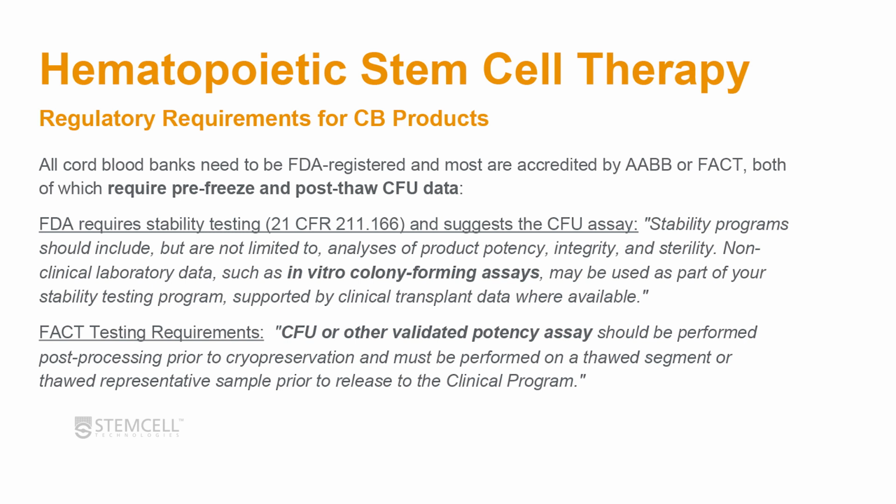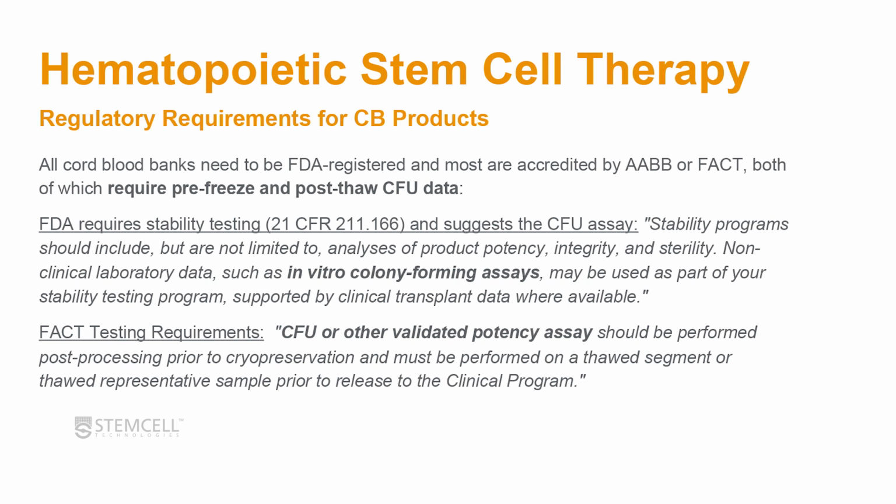So when we look at, for example, one of the only, at this point, FDA-registered cell therapy products, these are cord blood cells, we recognize that there are very strict regulatory requirements when using cord blood products for basically hematopoietic cell therapy.